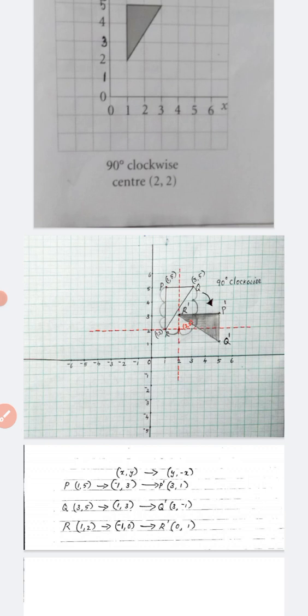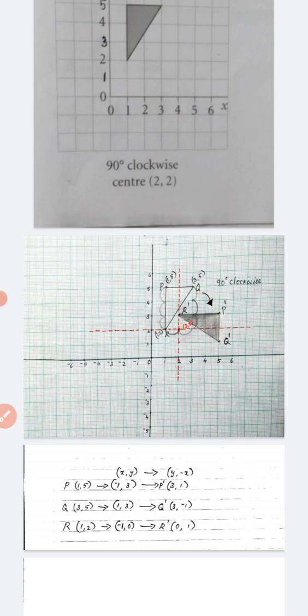Using the new x-axis and y-axis, find the new coordinates for the given vertices. Using this, we have to apply the rule, that is (x, y) becomes (y, -x).